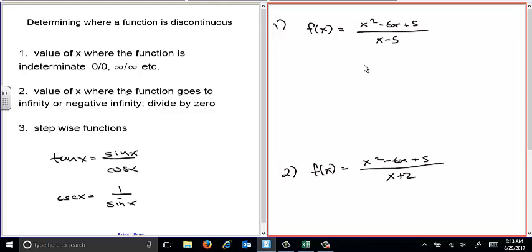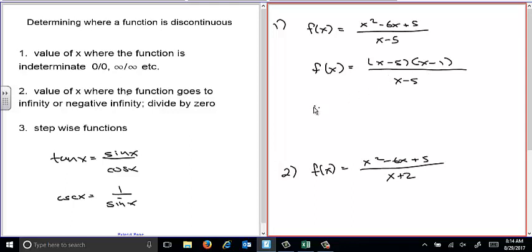So here's a couple of examples. Here's a rational function. Initially, this one may look like I just have to say x is equal to 5, but you can't do that. You have to factor it, see whether it's undefined or whether it's indeterminate or neither one. So if I factor the numerator, I'll have x minus 5 times x minus 1 divided by x minus 5.